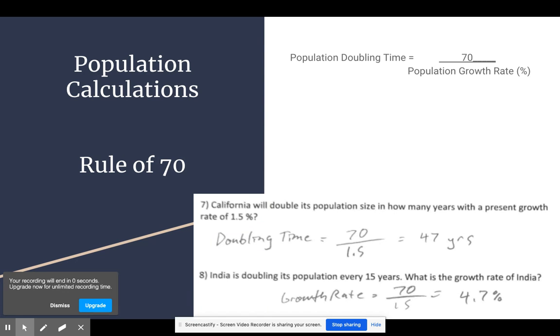You'll see that to answer the first question, to calculate the doubling time, you just divide 70 by that growth rate, and you'd find that it would take 47 years for California to double its population. And in the next problem, to calculate the growth rate, you can rearrange it algebraically so that you're dividing 70 by the doubling time, and that would equal the growth rate, which we would find to be 4.7%.